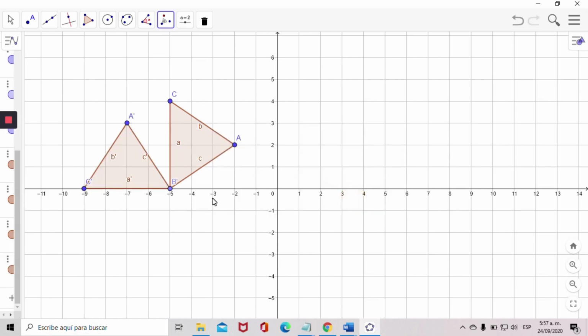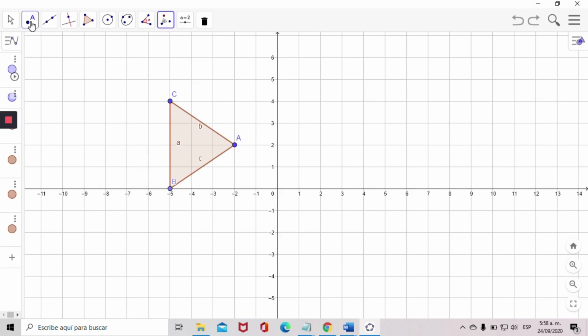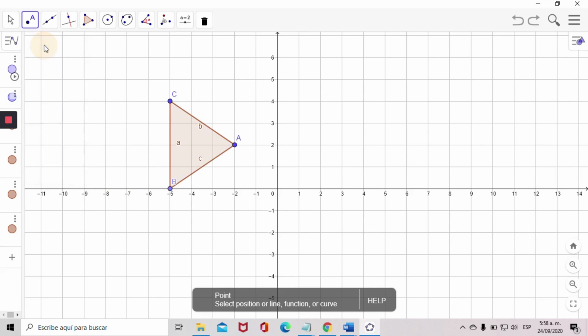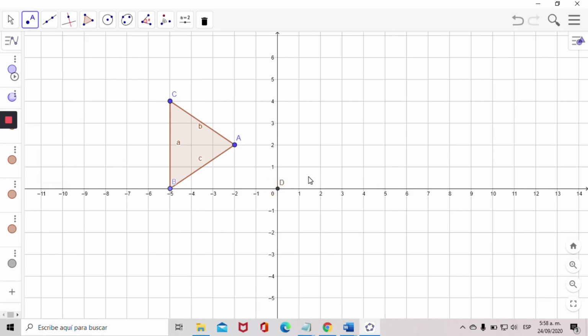However, the rotational point, the axis, doesn't have to be one of the vertices. If I want to place another point, I come here and select point, and I click wherever I want to place it. The origin is a very common point of reference.